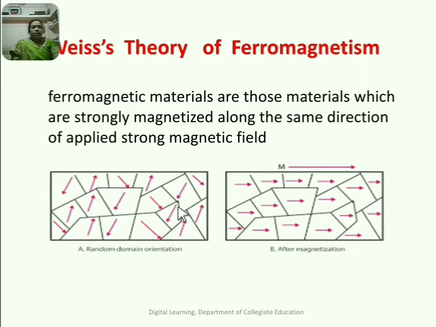Weiss modified paramagnetic theory and explained it as ferromagnetic theory. See students, now the question arises: on what basis did Weiss modify paramagnetic theory to ferromagnetic theory?